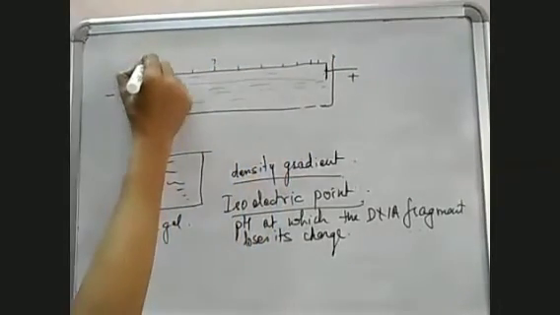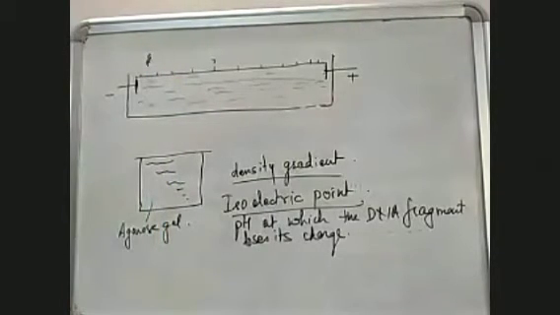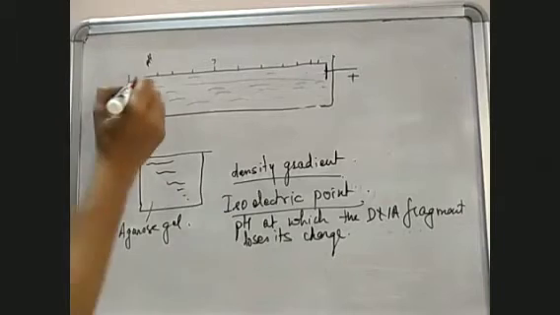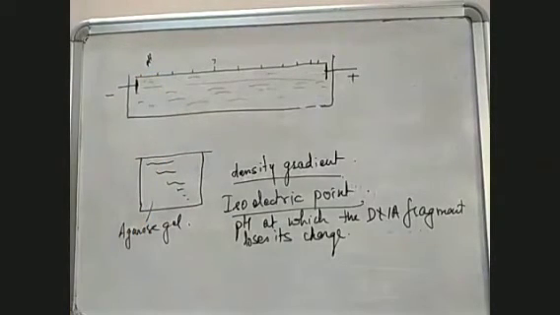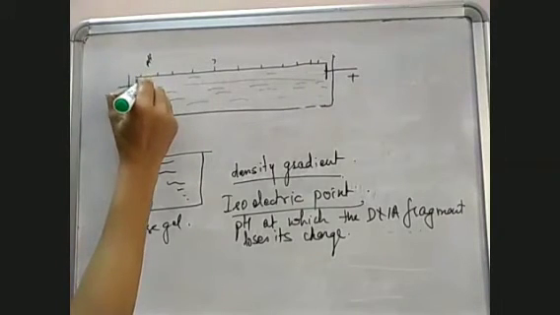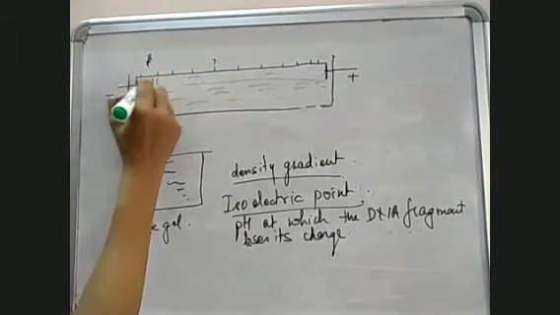This will tell you the pH. Now, all the fragments of DNA which are of different size, the DNA fragments have a negative charge, so they all are placed here.